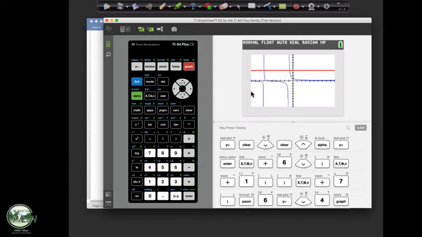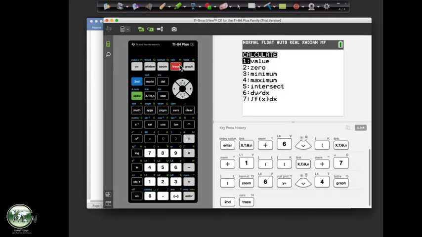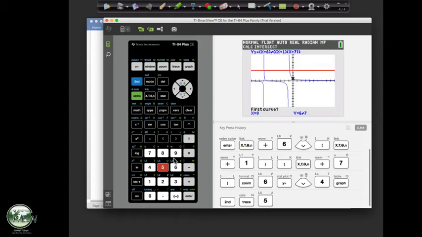How do we find intersections? Get our trusty little friend out of second calc, right? We come down to number 5, intersect, and we get our little spider friend. I know it's a 4-legged spider, but whatever. So far we've been just going, get the spider, and then enter, and on this one, that's fine.